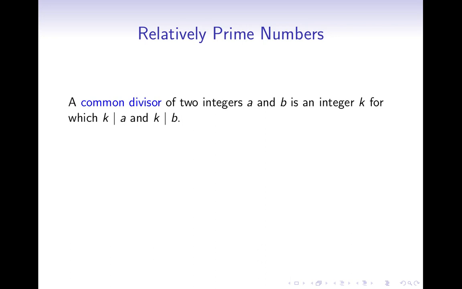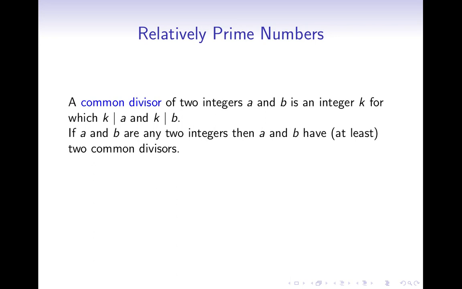I haven't really said much more there than k is a common divisor. And any two integers have at least two common divisors. They are 1 and minus 1, as is pretty easy to check.